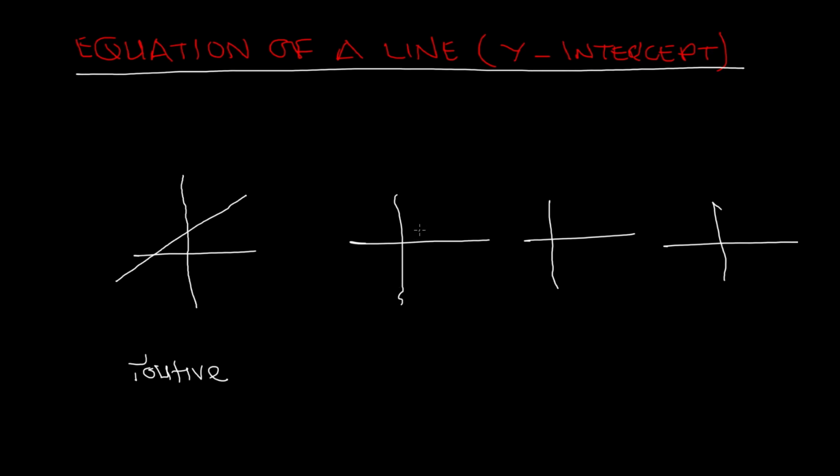Once the line is moving like that, then we say that the gradient is negative. You can actually work it out and it will be negative. And then once the line is like this, it's following the x-axis, we say that the gradient is 0. So this is what we call the 0 gradient.